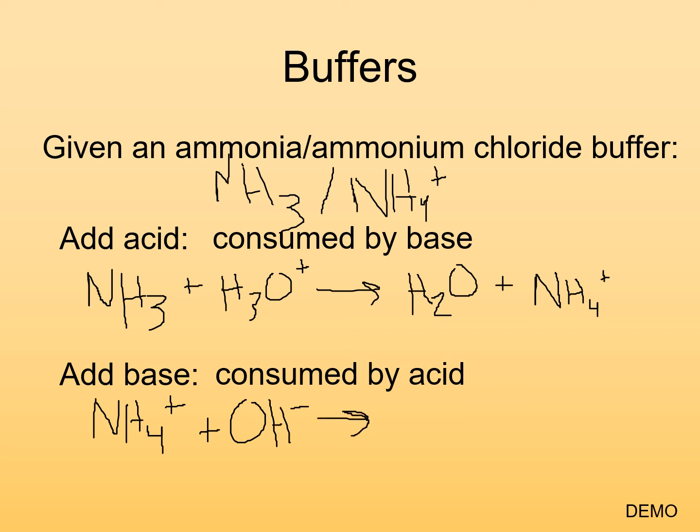It's always going to produce water. And so a hydrogen from ammonium reacts with the hydroxide to produce water, leaving us with ammonia, which is NH3.